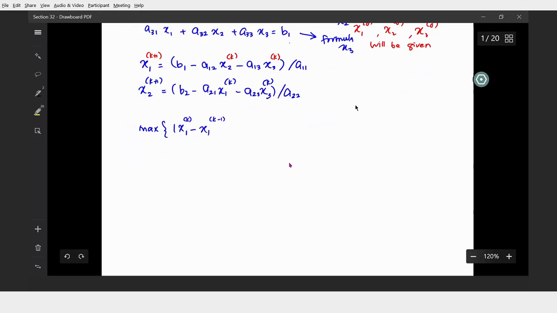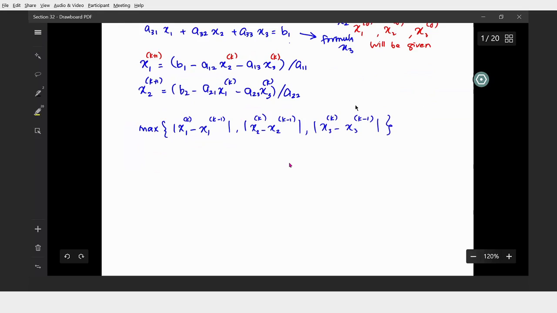Or you can have k plus 1 minus k, the same meaning. And then we have the absolute value of x2 minus x2, k minus 1, and you're going to have x3 minus x3, current iteration, previous iteration.